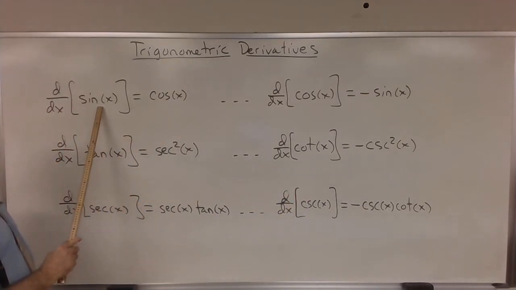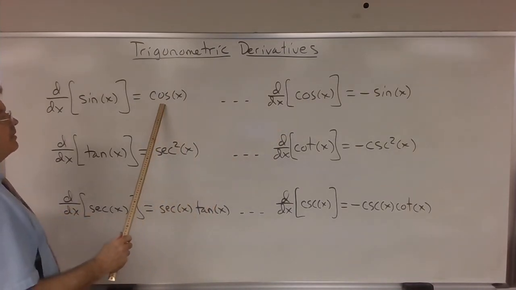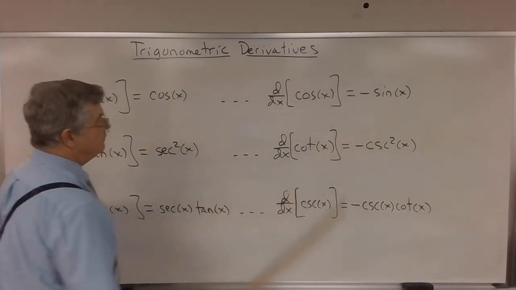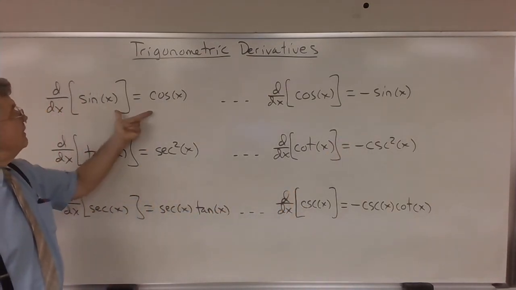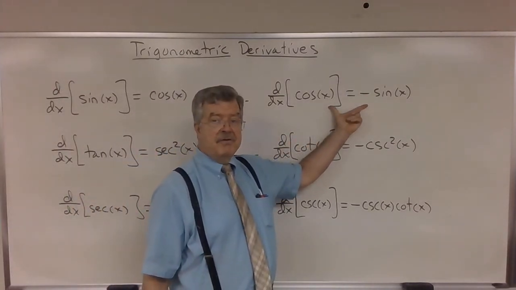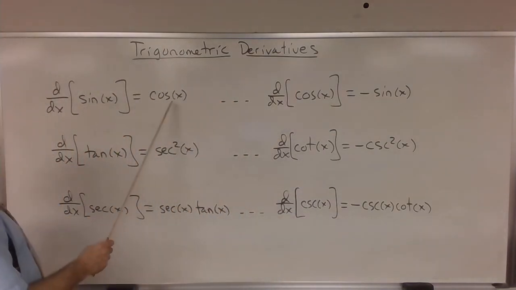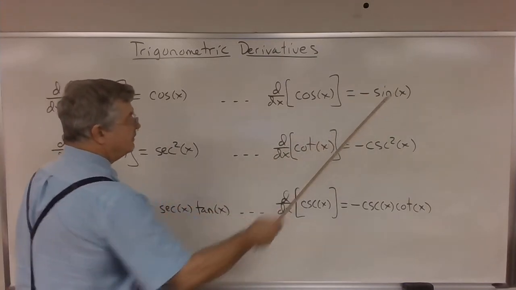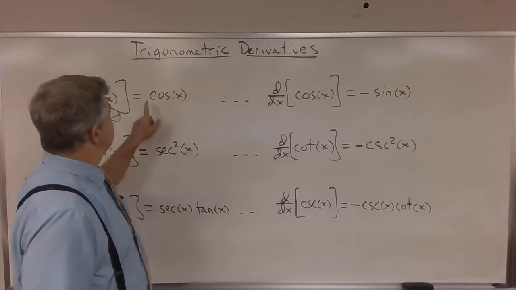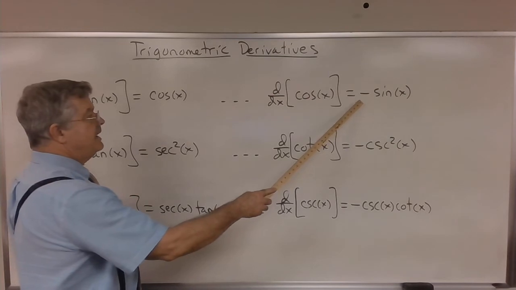So I replace sine of x with its co-function, cosine of x. I replace cosine of x with its co-function, sine of x. That's the first step. The second step is to change the sign out front.